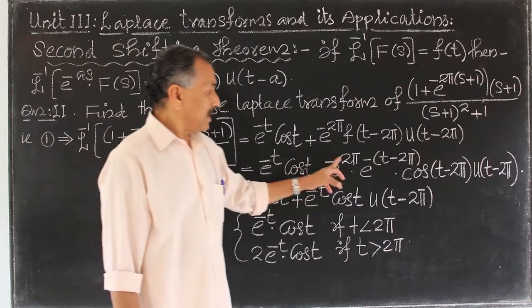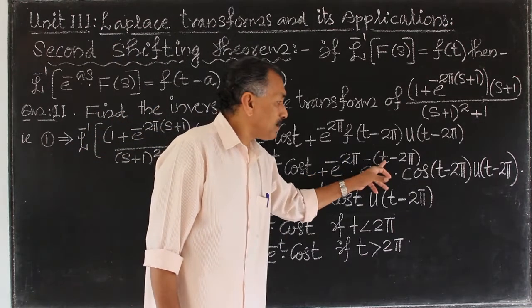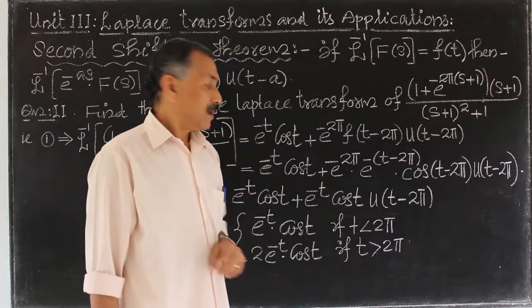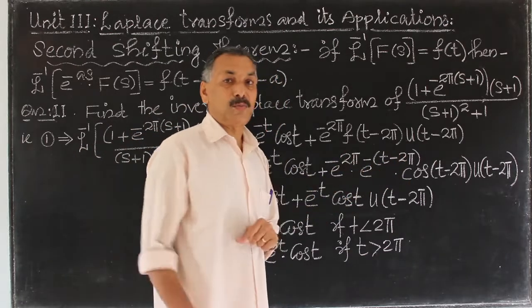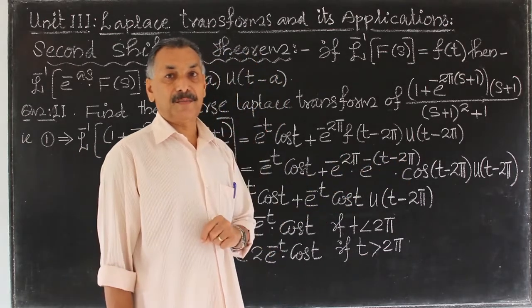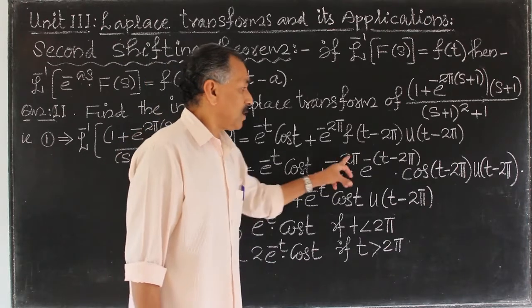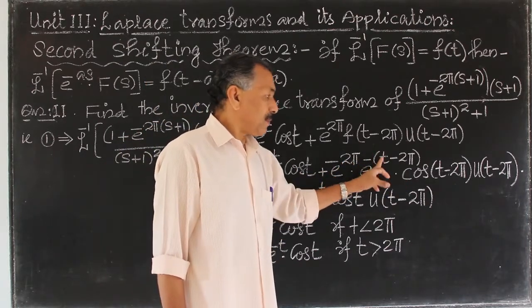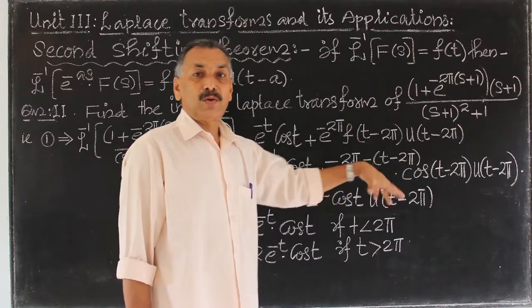Now e raised to minus 2 pi, and this e raised to minus t becomes e raised to plus 2 pi. e raised to plus 2 pi times e raised to minus 2 pi is e raised to 0, which is equal to 1, since a raised to m times a raised to n is a raised to m plus n. Minus 2 pi minus t plus 2 pi, the 2 pi terms cancel.